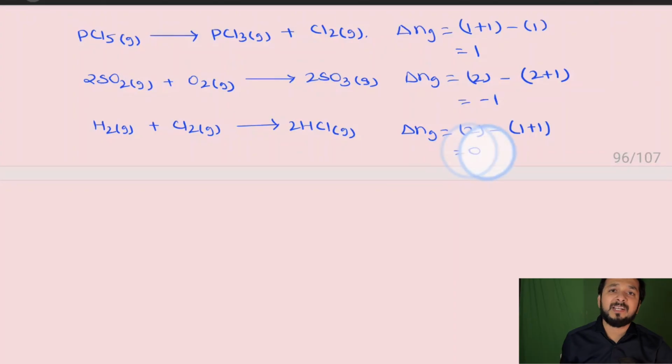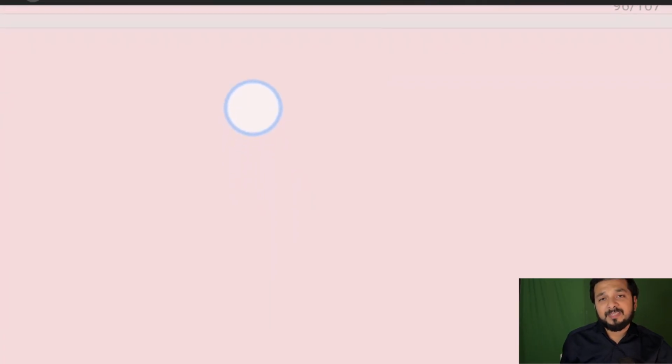So we can see that delta Ng can be a positive number, it can be a negative number, or it can be 0 also. And based on delta Ng, we can compare which of delta H and delta U will be more.